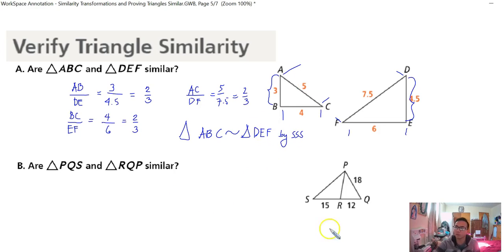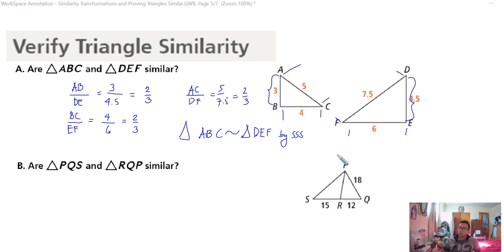Okay, how about letter B? So my letter B says there, are triangle PQS and RQP similar? So there are two triangles here. One is the bigger one and another one is the smaller.